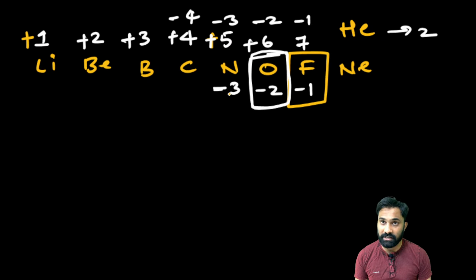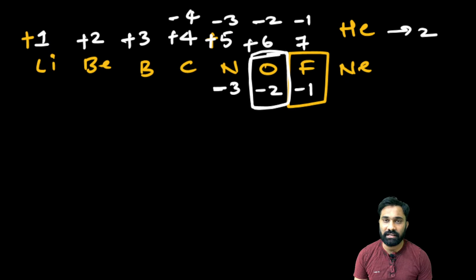Nitrogen will show -3, -2, -1, 0, +1, +2, +3, +4 and +5 oxidation states, because nitrogen, forming bonds with oxygen in the oxides and the acids, shows variable oxidation states. Oxygen's major oxidation number, in many cases, we will take as -2.